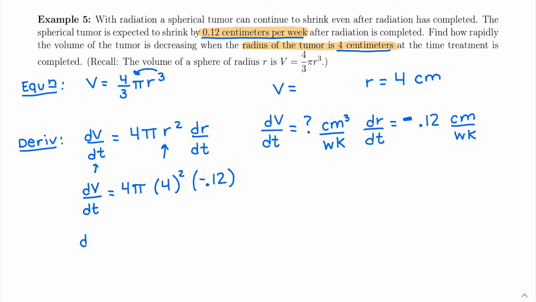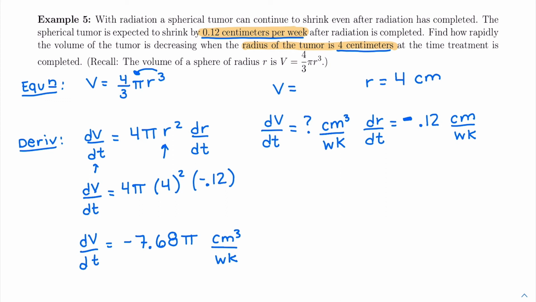So dV/dt, I just need to multiply these out. It's already solved for what I'm interested in. I can make sure I do PEMDAS or use the calculator, because we have to square before we can multiply. We have 4 squared times negative 0.12 and times 4. We're getting negative 7.68 pi, and that's cubic centimeters per week.